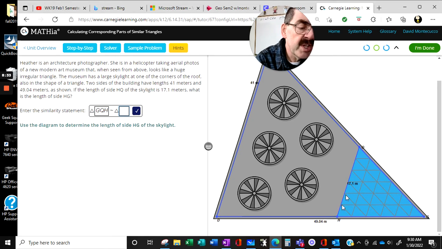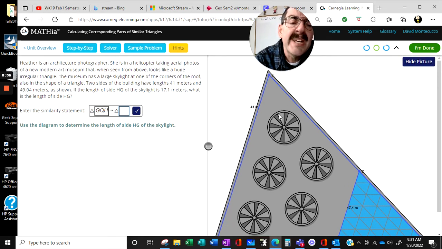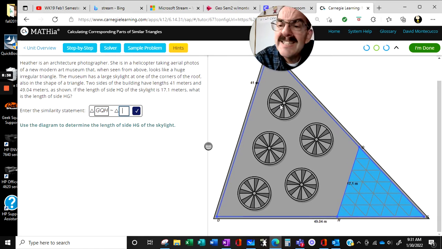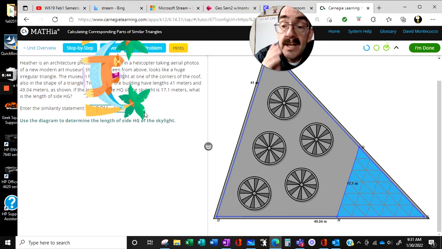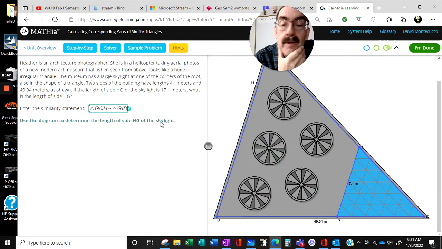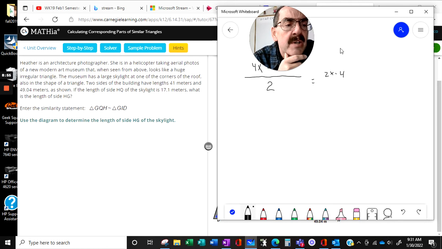So we go GQH. We're going to go GID. Okay? Ooh, flying palm trees. Use the HG. We want HG right there. Okay? So here we go.